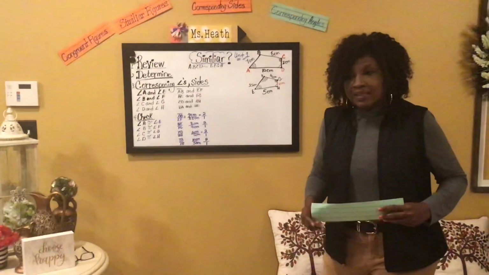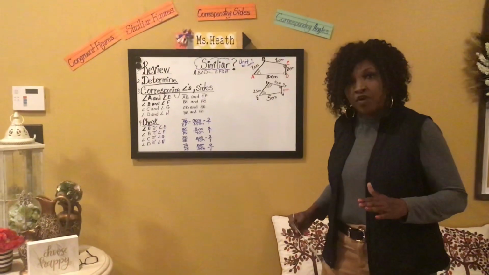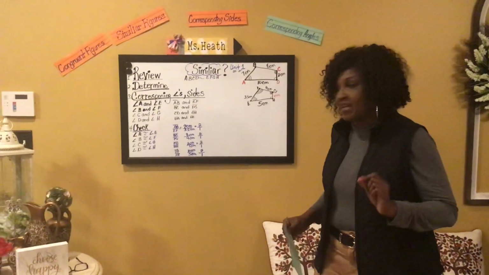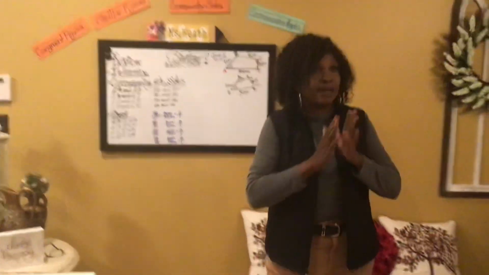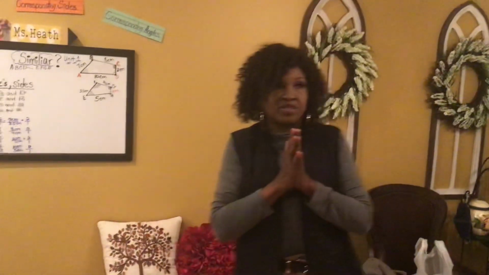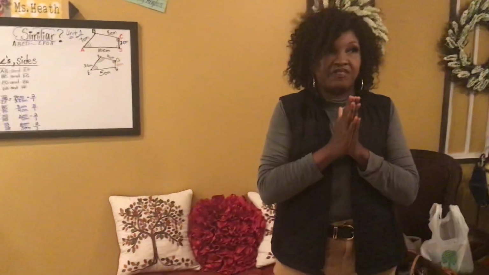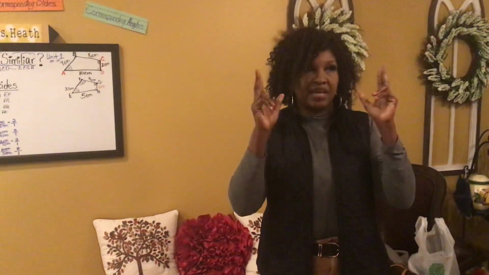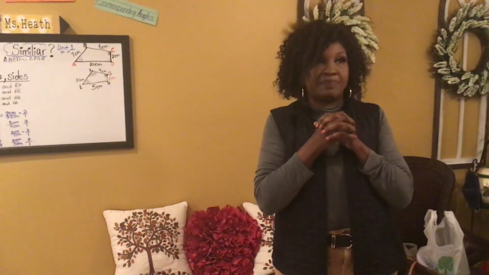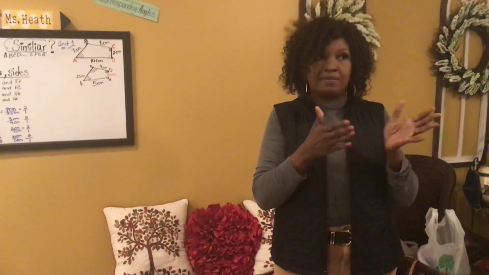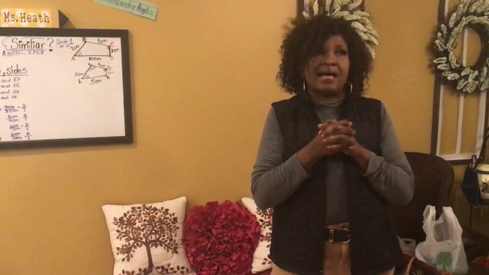Now, I want to build a background for you just in case you forgot everything that you learned prior to our meeting today. If two figures are similar, what do we need to look at to determine if they are similar? I want you to recall figures that you might have seen recently, that some have the same shape but not necessarily the same size.